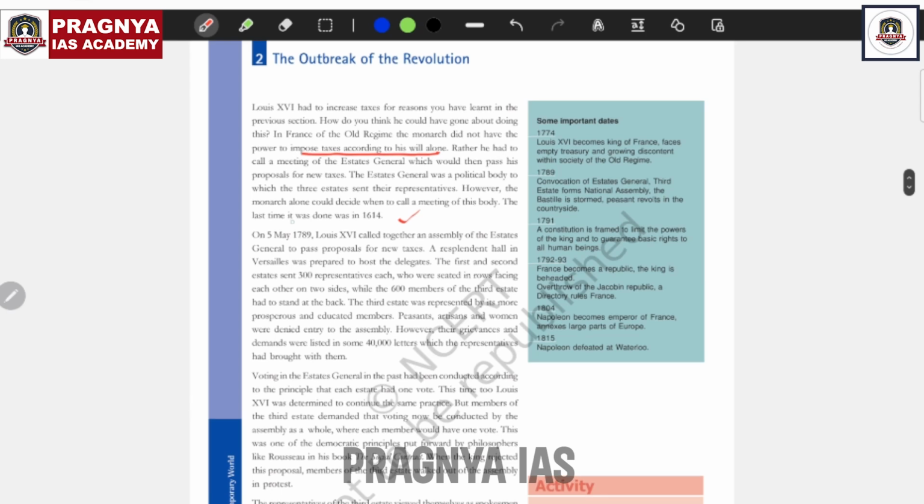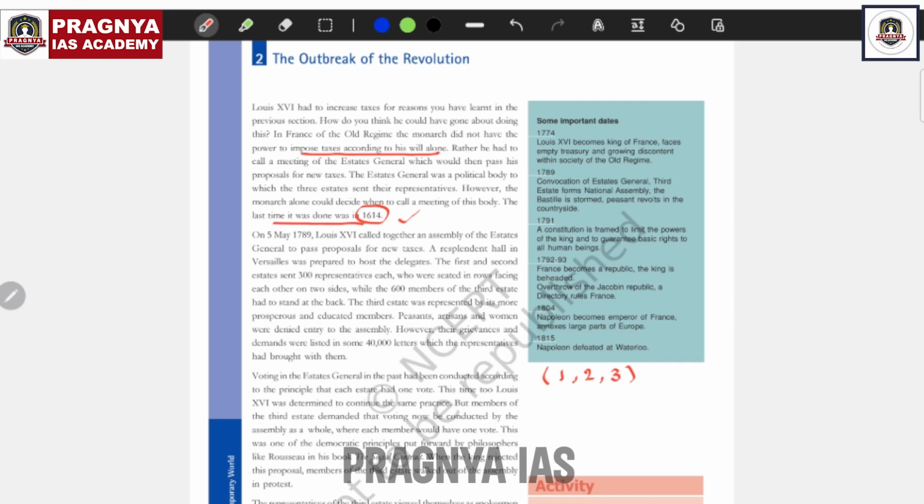But this last time when this meeting was called was in a very long period, 1614. Louis XVI called for a meeting of the Estates General, a political body proposing new taxes. The members belonging to the first estate, second estate, and third estate gathered in a hall.